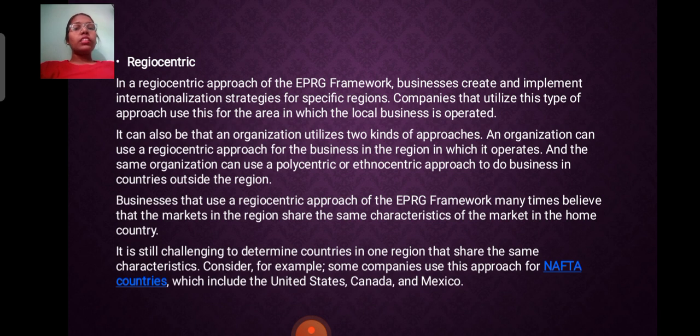An organization can use a regiocentric approach for business in the region in which it operates, and use a polycentric or ethnocentric approach to do business in countries outside the region.